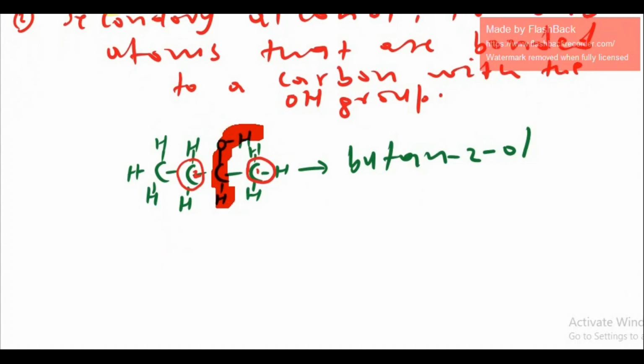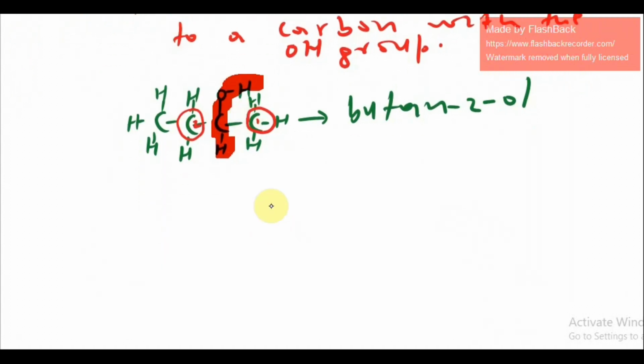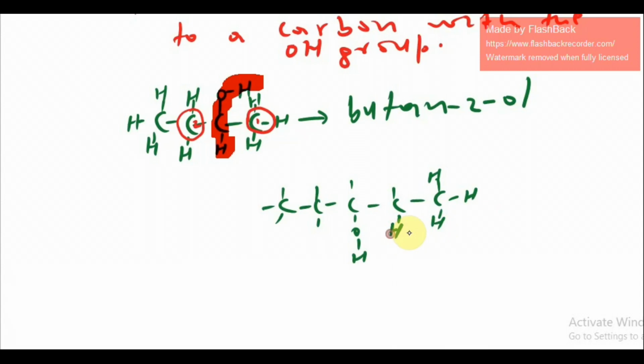Okay, let me have another example of secondary alcohol. 1, 2, 3, 4, 5. There is an OH group here. Then we have hydrogens all around.